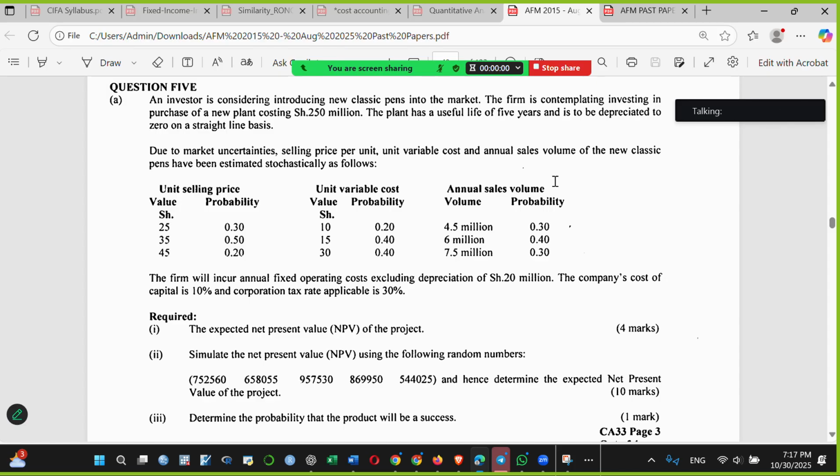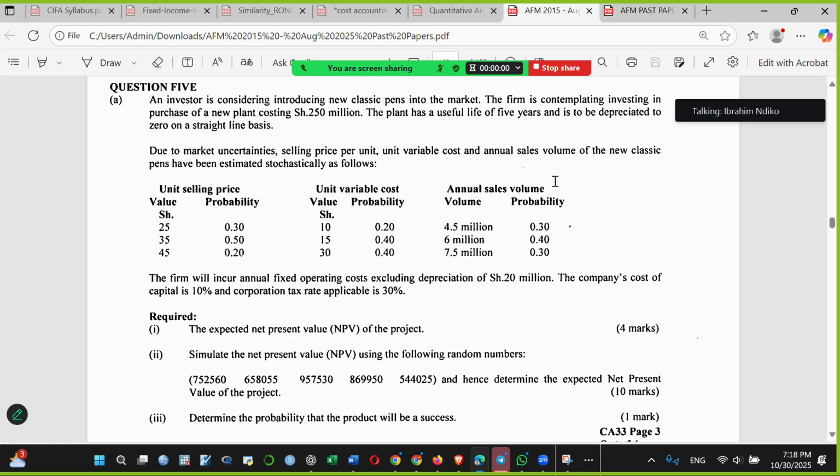It is the summation of NPV times the probability. True.